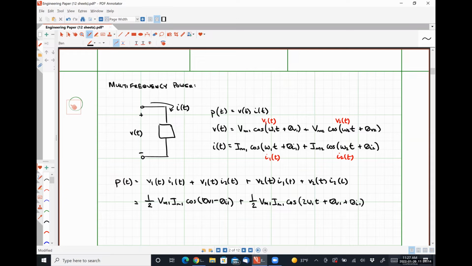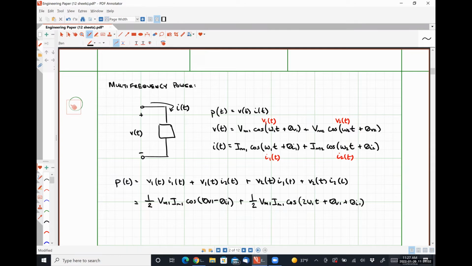Okay. So this is the exact same result as what we did a couple of minutes ago, where we just have a single frequency being multiplied by the same frequency term. Okay, so nothing particularly wild or crazy here.